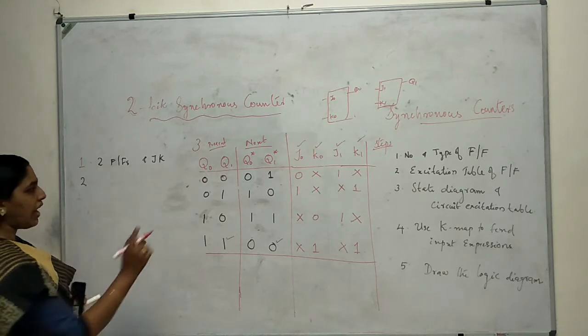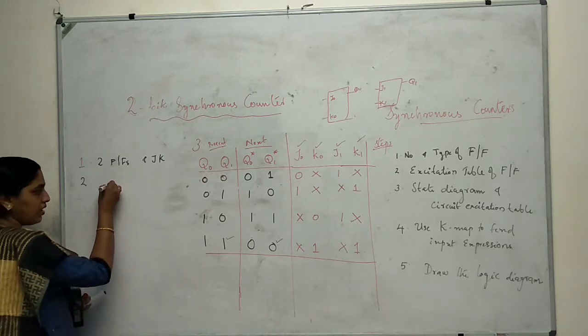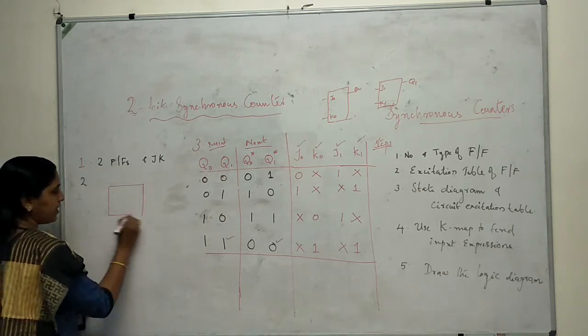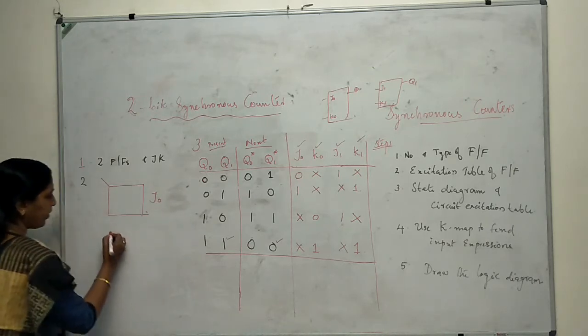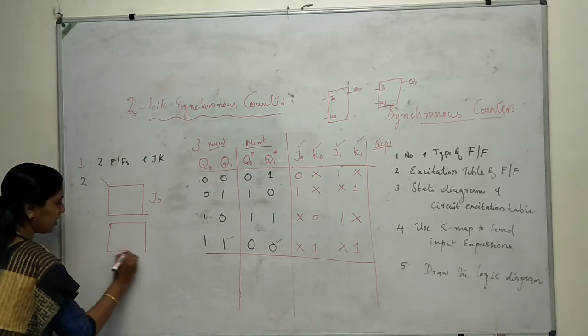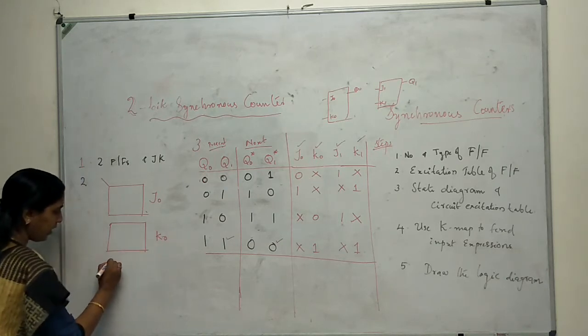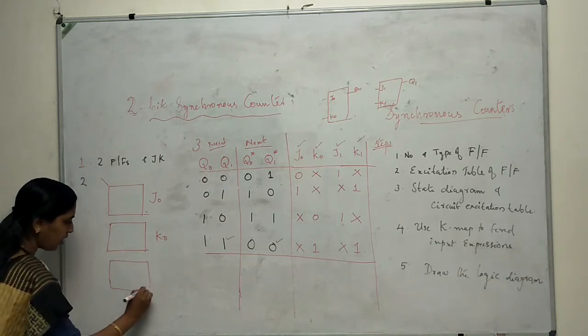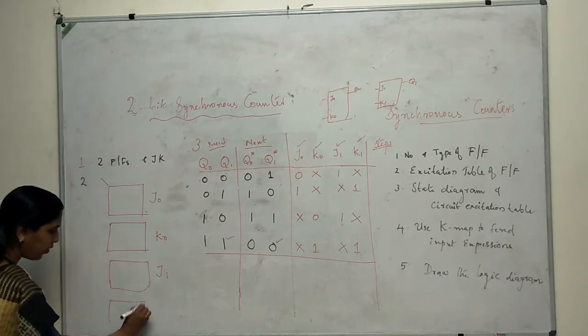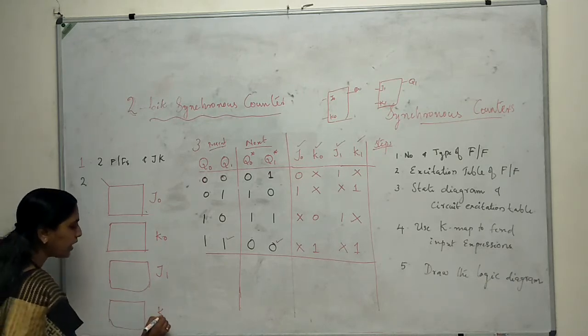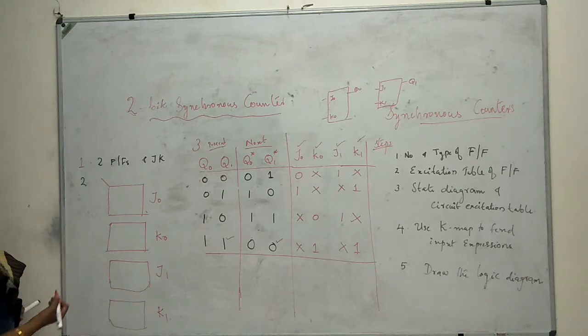Here, we are having four outputs: this is for J0, this is for K0, this is for J1, and this is for K1.